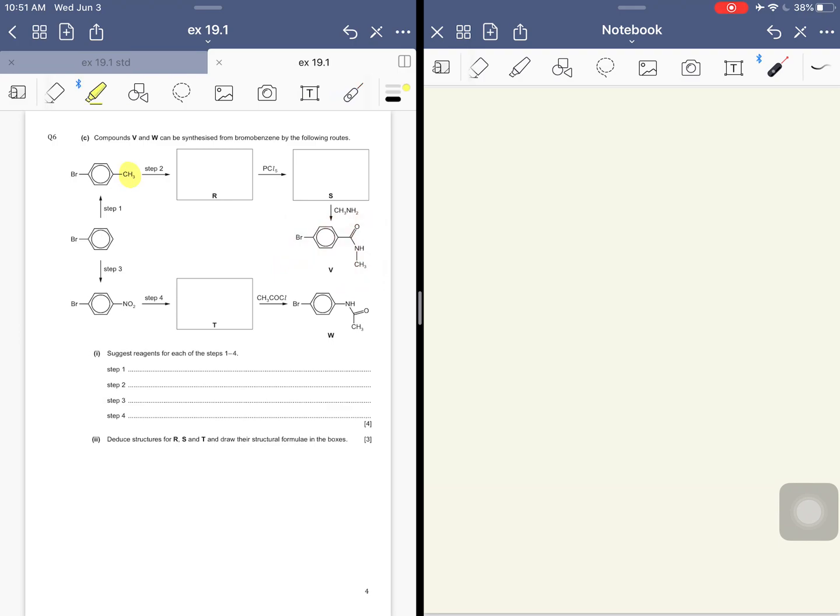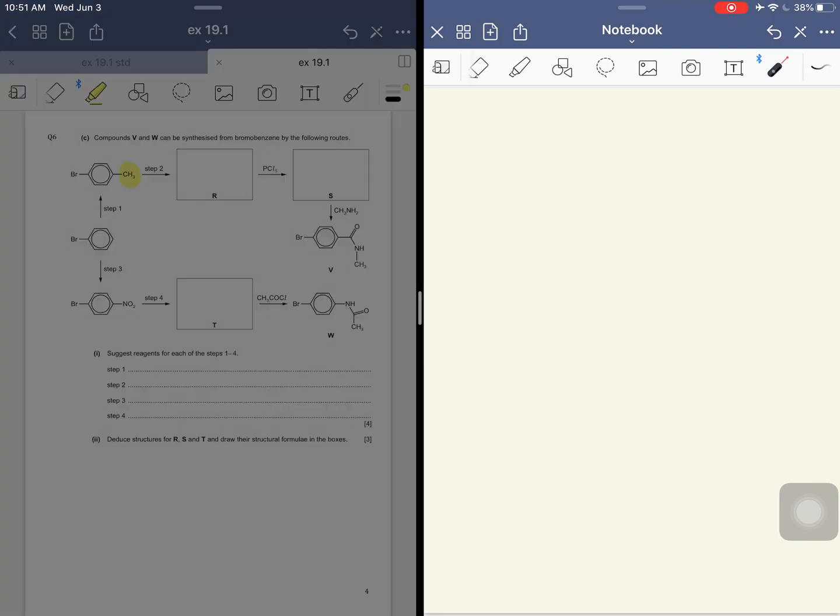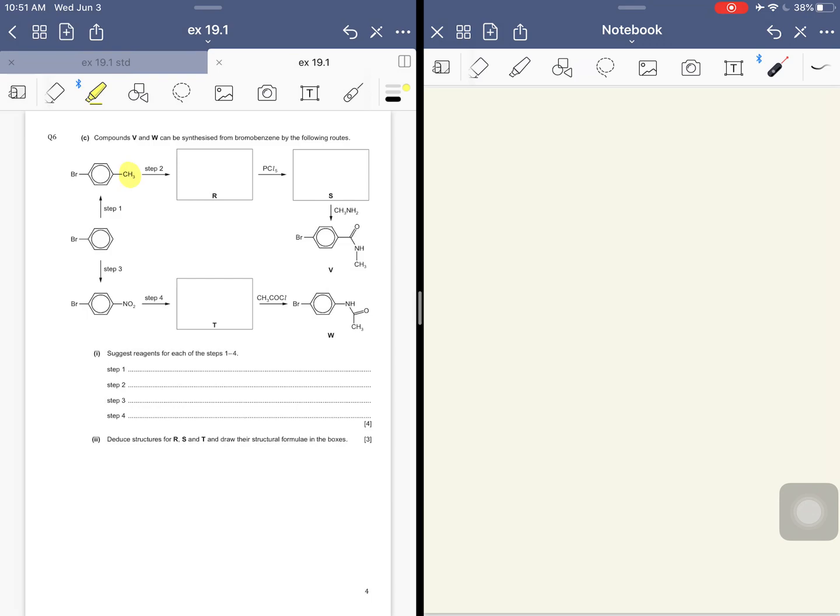It tells you to go from S to V, a CH3NH2 is being added. So an amine is being added, attaching the amine to a C double bond O.